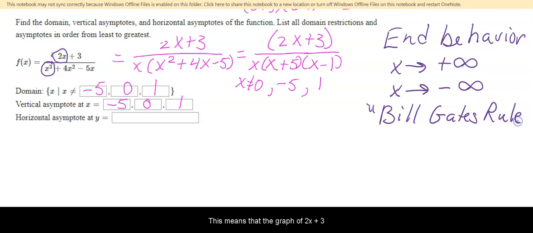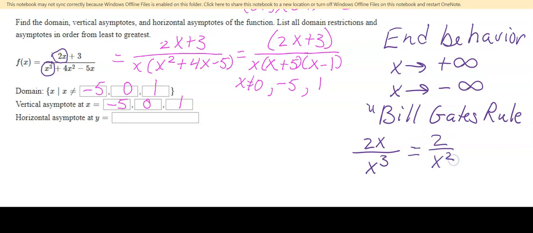This means that the graph of 2x plus 3 over x cubed plus 4x squared minus 5x will approach the graph of 2x over x cubed. It will not equal it, but it will approach it. If I reduce this, in reduced form this becomes 2 divided by x squared.